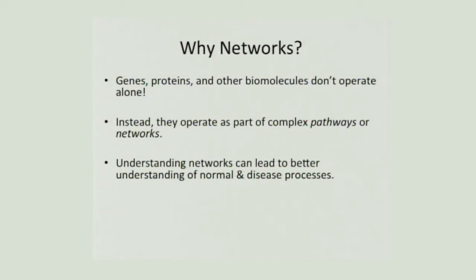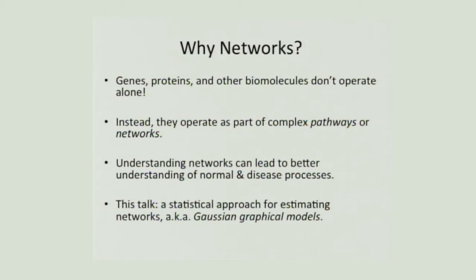So we want a network understanding of our data, hopefully in order to obtain a better understanding of both normal and disease processes. Today I'm going to be talking about a statistical approach for estimating biological networks, known as Gaussian graphical models, and I'm going to explain what that means.